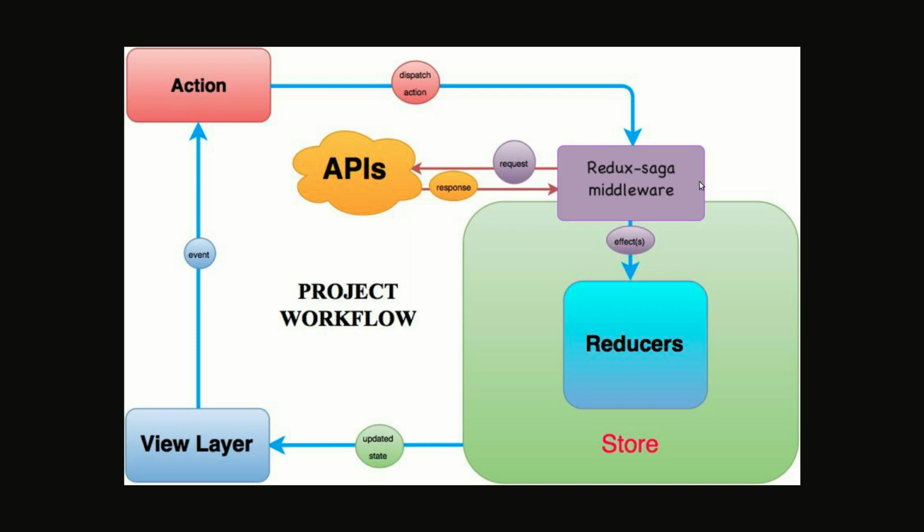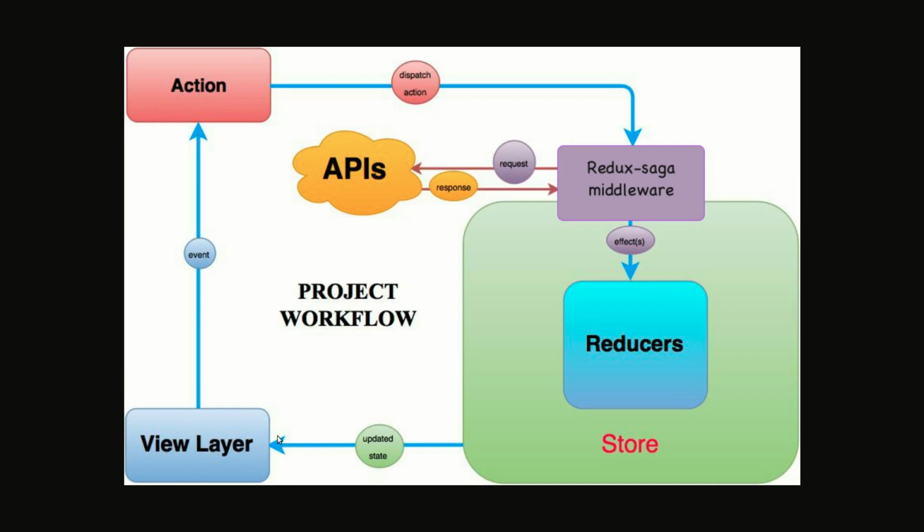I don't have to do all my asynchronous calculations in the view layer, get the data, send that data with the event, which triggers an action, then the action triggers the reducer, and the reducer updates the store based on the values I send from there. So I don't have to do this.